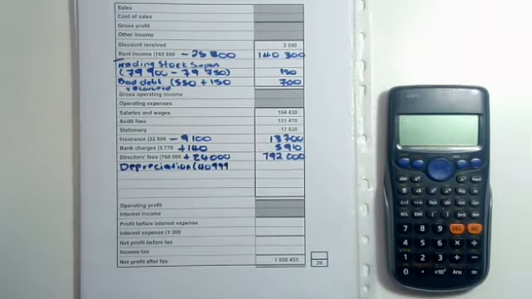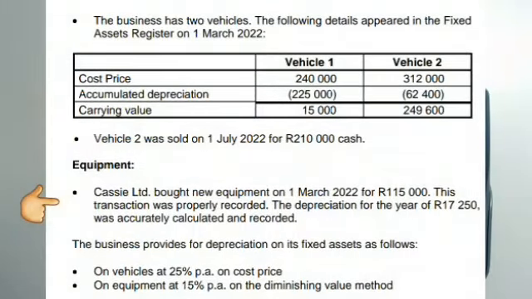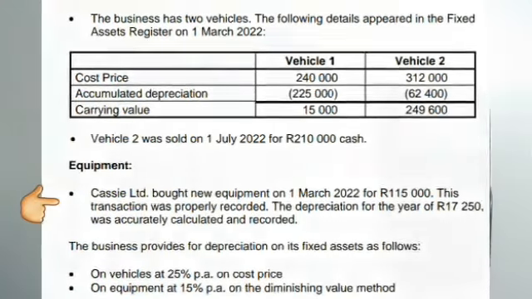I'm putting it in brackets because remember we also have equipment, so we need to calculate depreciation for equipment. When we go back to information B, it says KZ Ltd bought new equipment on 1 March 2022 for 115,000. This transaction was properly recorded. The depreciation for the year of 17,250 was accurately calculated and recorded.